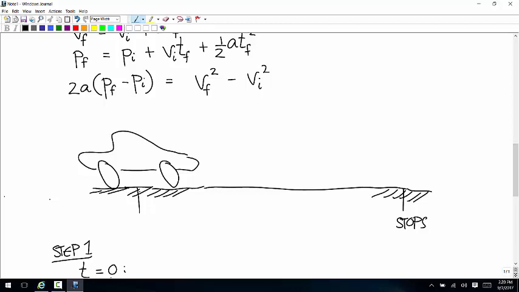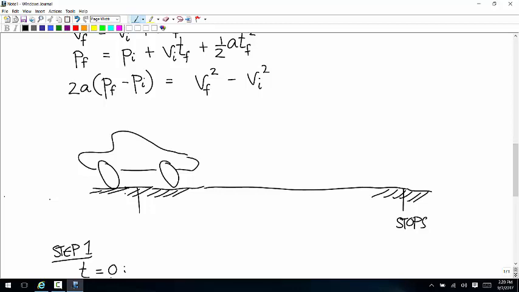Then we want to find a velocity where it slams on the brakes, so that's something we want at that left mark. And then we know the velocity when it stops is 0. So all of that points to the same choices: we want this to be time equals 0 and this to be time final.